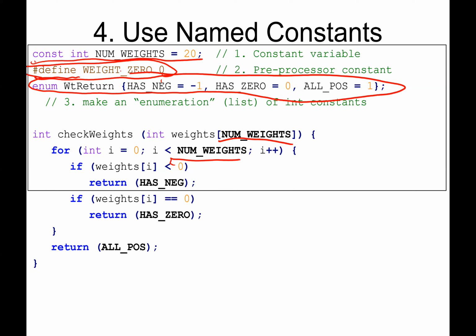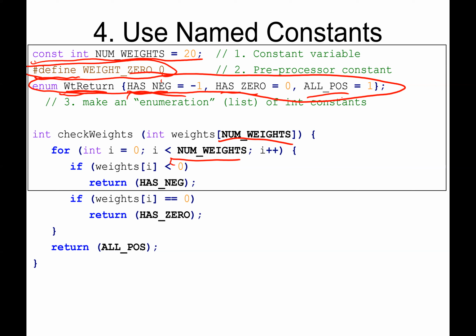An enumerated constant is just an integer, and we give names to some of these integers because we want to use them as special values in our code. So here I've said there's an enumerated constant that I'm going to call weight return. I'm defining has neg to be -1, has 0 to be 0, and all pos to be 1.